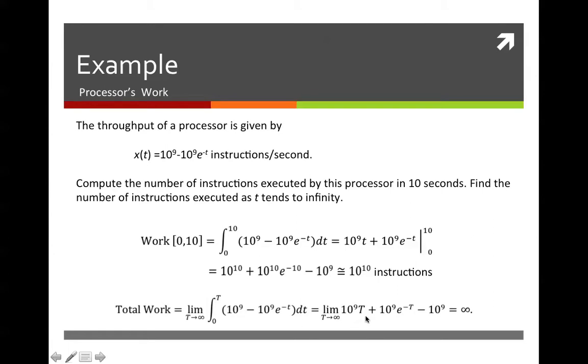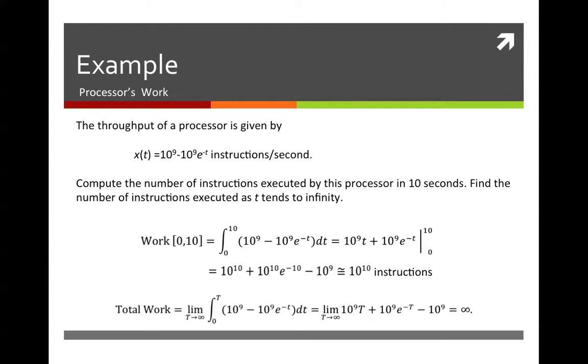As you can see, the total work tends to infinity as time tends to infinity. This is again reasonable because this is a system that packs 10 to the 9 instructions per second, so as we let the time tend to infinity, there's no bound on the number of instructions that we're going to execute.